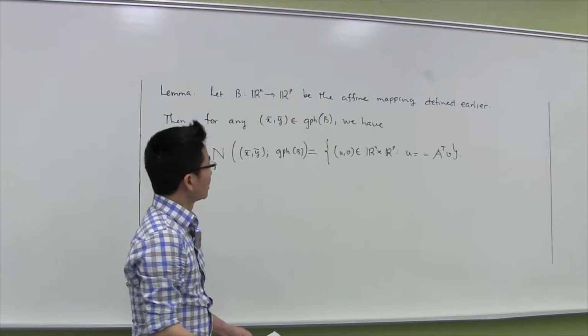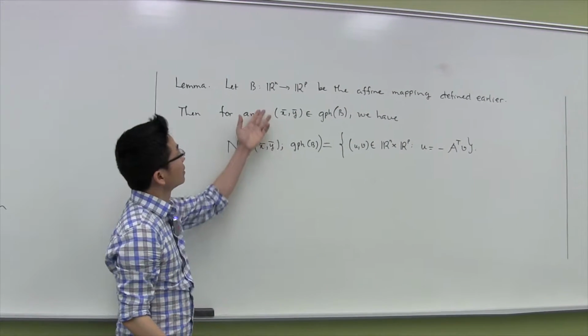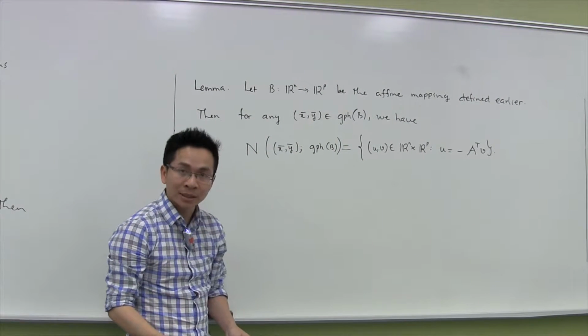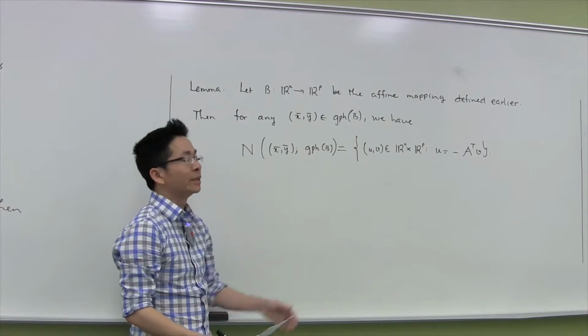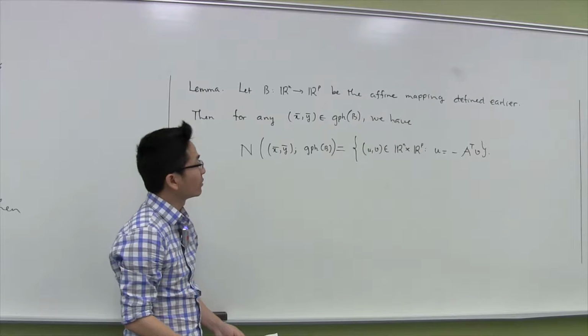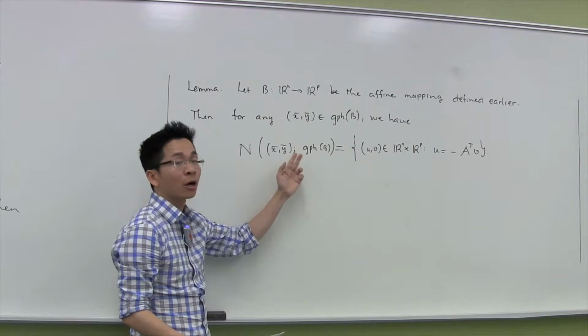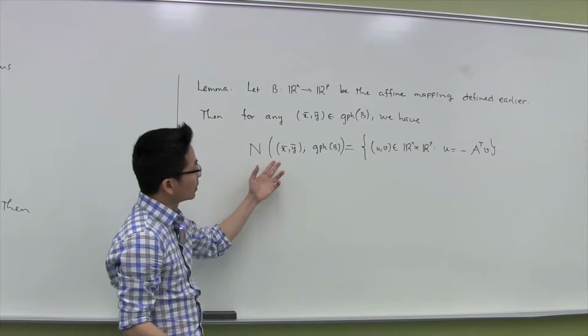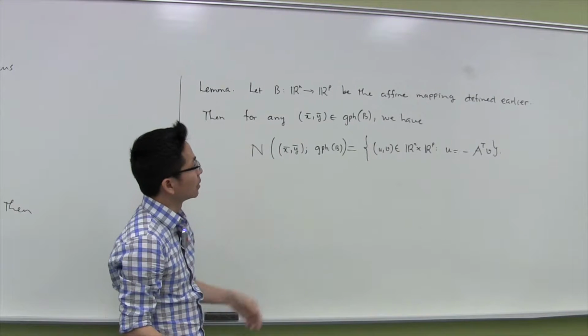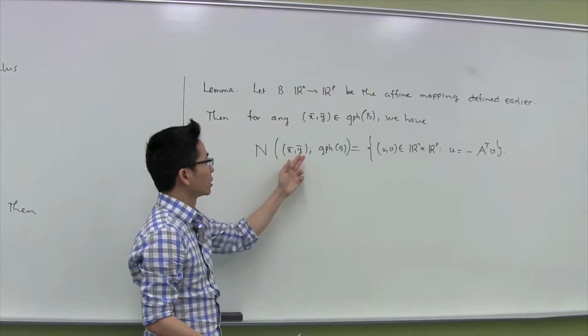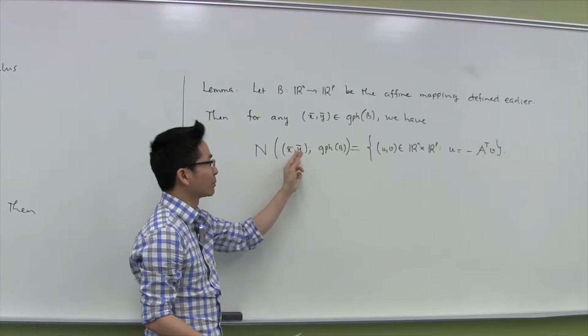Okay, so note that if B is an R-phi mapping, then the graph of B is always an R-phi set, and in particular it is a convex set. So this formula represents the normal cone to the graph of B at any point x bar, y bar.